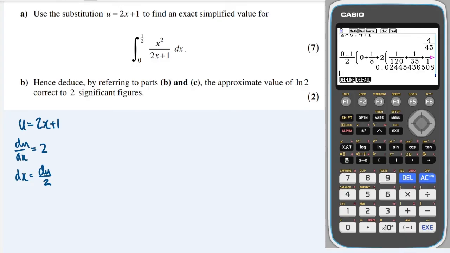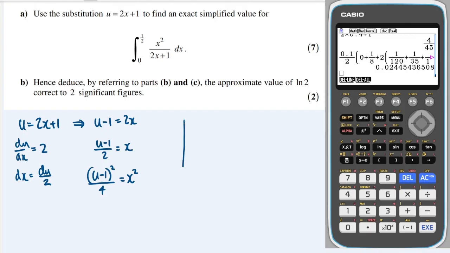Okay, I'm also going to rearrange this to make x the subject. So that's going to be u minus 1 is equal to 2x. So u minus 1 over 2 is equal to x. So squaring that is going to give me u minus 1 squared over 4 is equal to x squared.